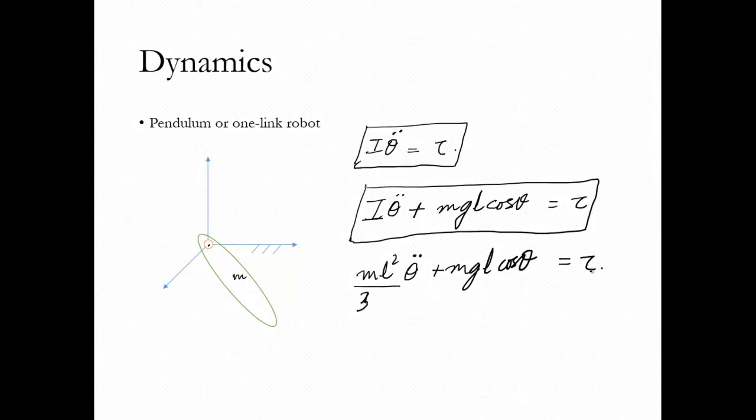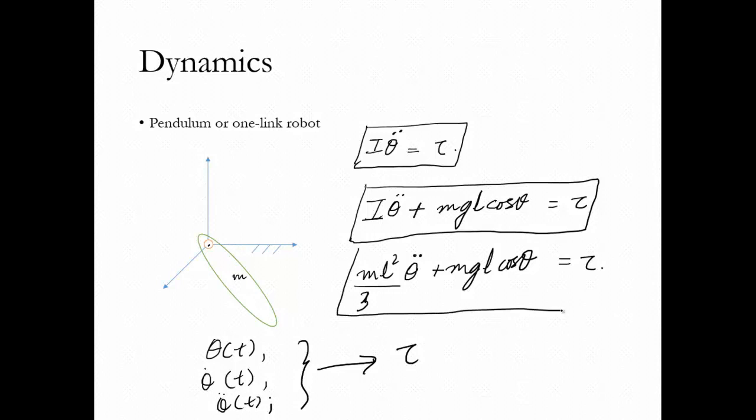If we are given a trajectory of theta, theta dot and theta double dot, we can easily find out the torque required for this pendulum. So this is our dynamic model, or the equation of motion of the pendulum.